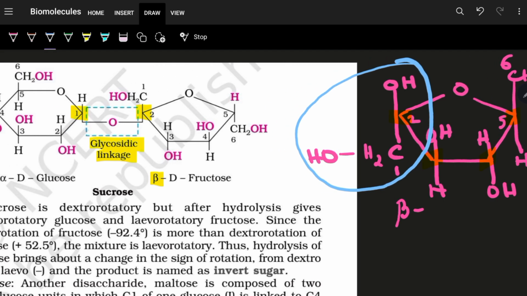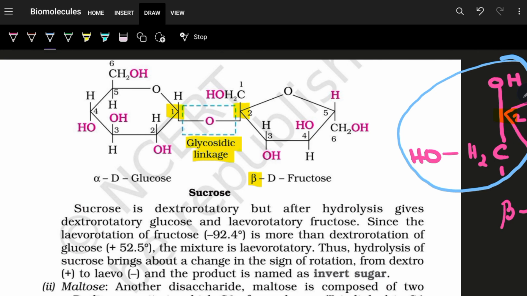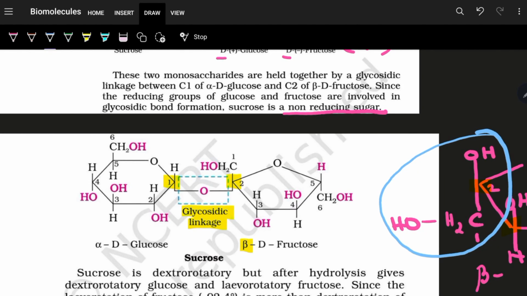So now, over here, that doesn't mean that it is alpha form. Why it doesn't mean it is alpha form? Because equally the configuration at C3, 4, 5 has undergone an upside down. So now, by the elimination of H2O, the glycosidic linkage is formed and the anomeric carbons are chemically bonded, on account of which sucrose is a non-reducing sugar.